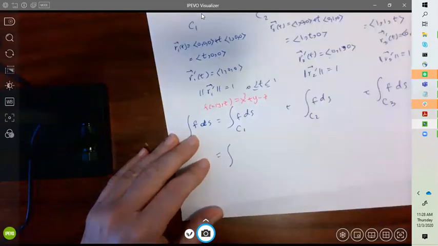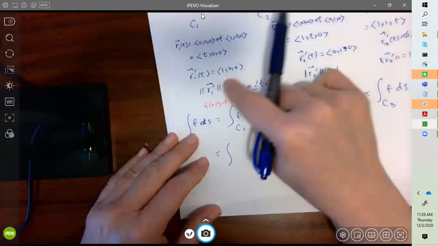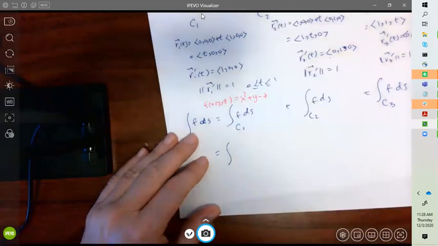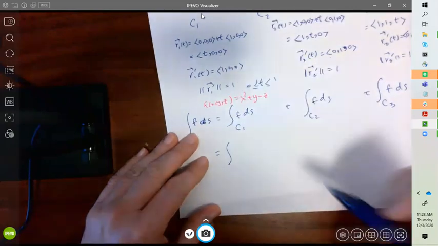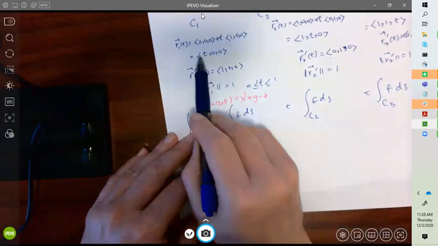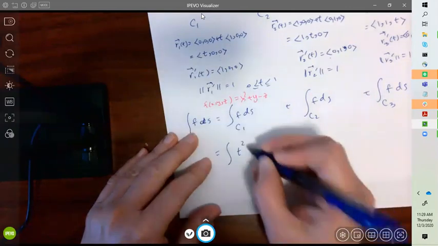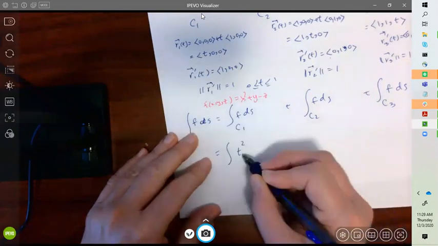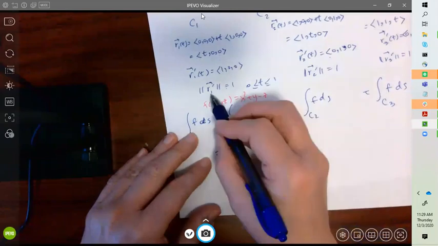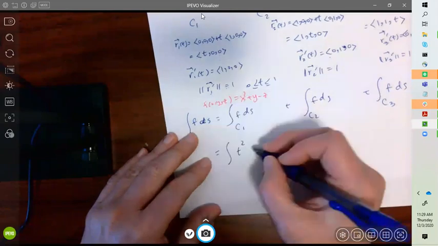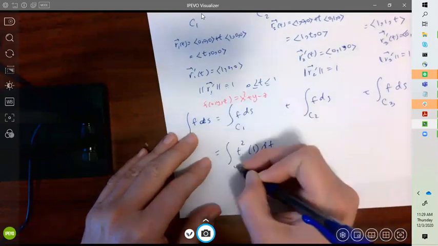Plugging into the f, R1 of t. Where's R1? Right there. So plugging in t for x and 0 for the others, I get t squared, and then multiply by the magnitude here, which is 1, dt, 0 to 1.